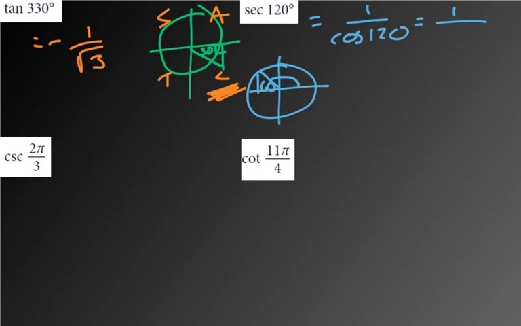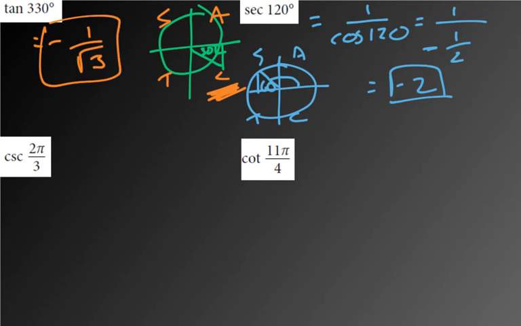And for cosine, it's just square root of fingers above over 2. In this case, there's only 1 finger above, so it's going to be 1 over 2. And then, again, all students take calc. Sine's positive, cosine's not, so we would get 1 over negative 1/2, otherwise known as negative 2. So that would be the answer for that one.